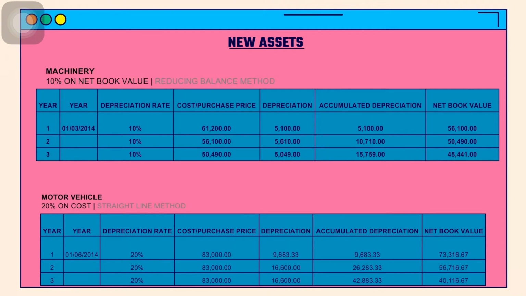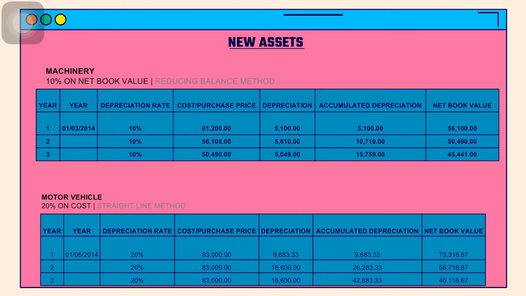For the motor vehicle, the depreciation rate given is 20% on cost, so we use the straight line method. The date of purchase for the motor vehicle is 1st June 2014. For the cost, 80,000 plus 2,400 plus 600 equals 83,000. The 2,400 you get from the insurance on purchase and 600 from transportation.